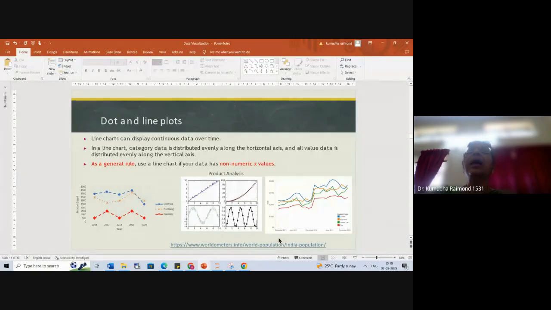As a general rule, whenever I'm drawing a line chart, I can put the non-numeric x values, otherwise called categorical or qualitative values, on your horizontal axis, that is your x-axis, and the corresponding values on your y-axis.